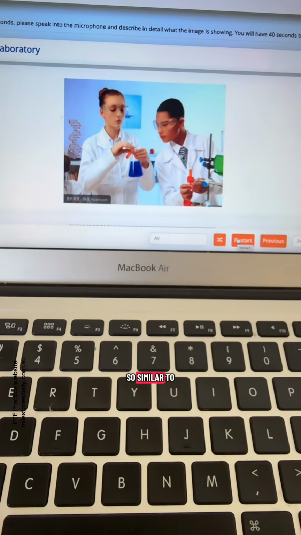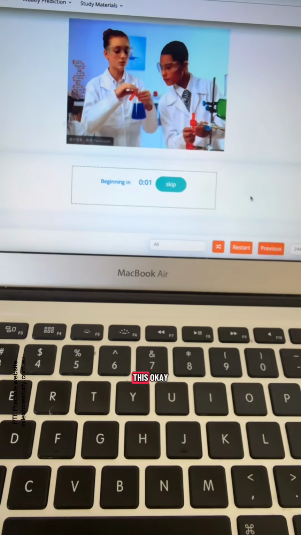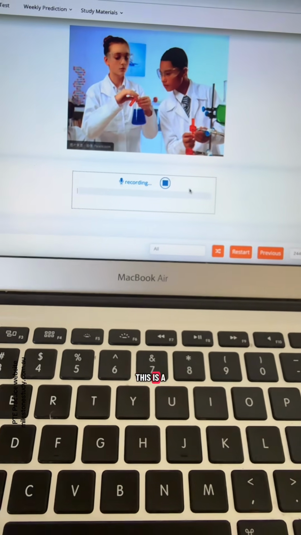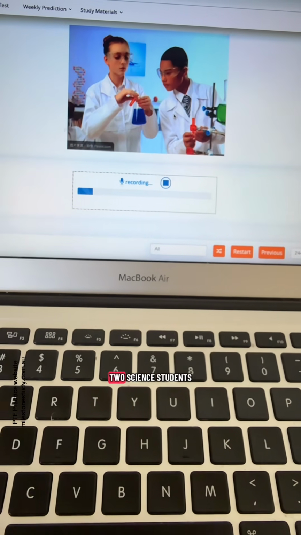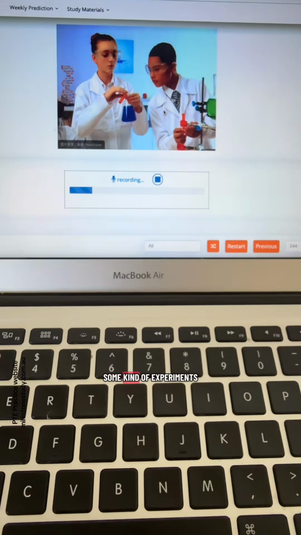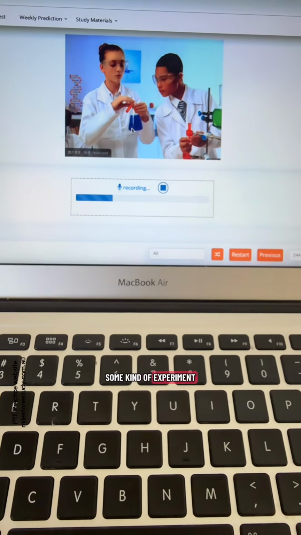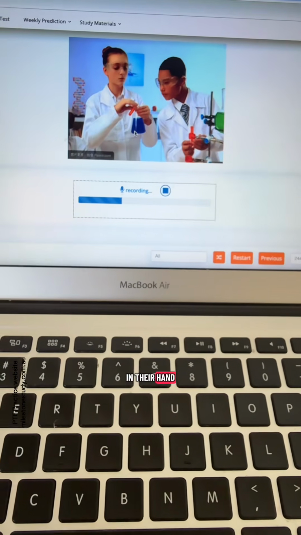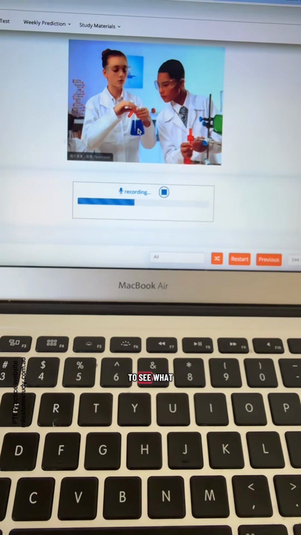This picture is so similar to what I got in my real exam, so I'm going to take my time to explain this, okay? This is a picture of a science laboratory where there are 2 scientists, or we can say there are 2 science students who are doing some kind of experiments. The first person, who is the girl, is doing some kind of experiment, taking the liquid in her hand, and she is pouring some orange kind of liquid into the blue kind of liquid to see what happens next.